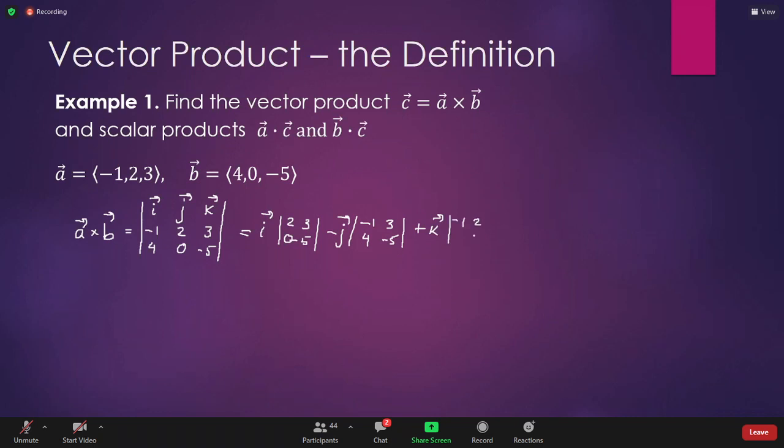Miss, I have a question. Yes. So what will be the vector product of a 2D vector? But it's a 3D vector, right? For two-dimensional vectors, I will come back to this when we see the description and the properties of the vector product. We will see what happens when we have two-dimensional vectors.